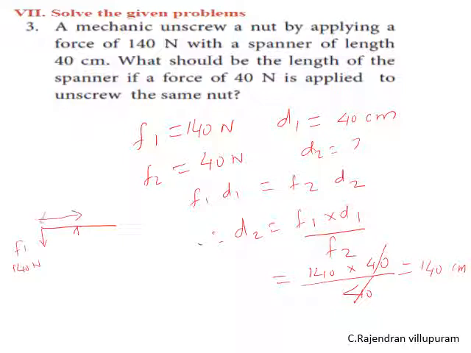The distance is D1, equal to 40 centimeter. And this is the force F2 of value 40 N, and this is D2, the thing you have calculated now. Using this formula, you can calculate the value of D2, equal to 140 centimeter.